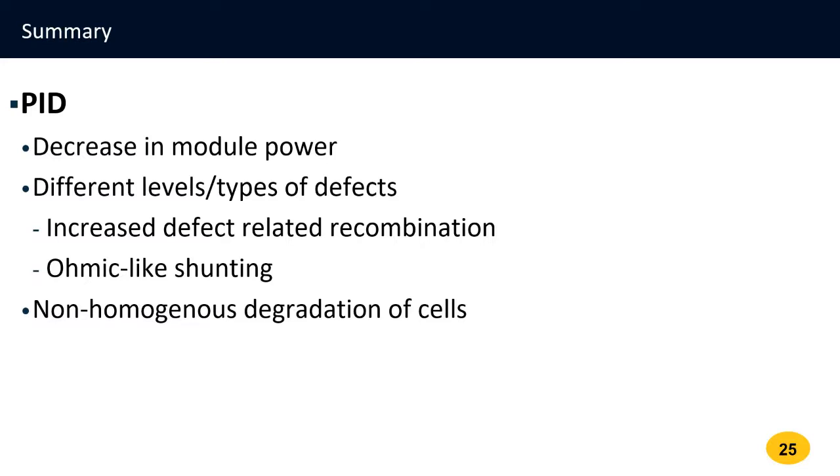There's a possibility of increased defect-related recombination, and the severity depends on the exposure and the resistance of the module to it. Ohmic-like shunting is also a possible effect, and it is not homogeneous degradation within a module. So part of the power loss of a module will be related to electrical mismatch between the cells within a module.